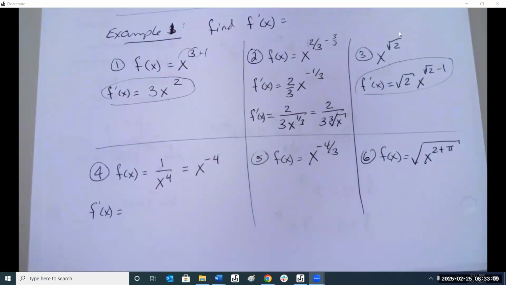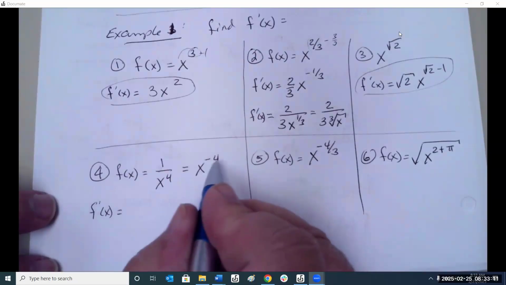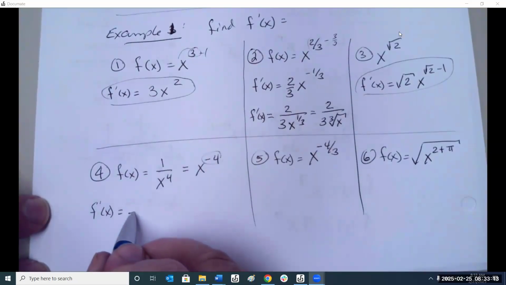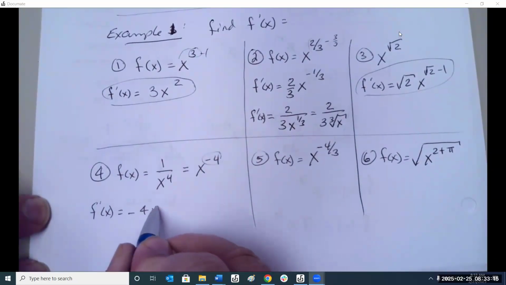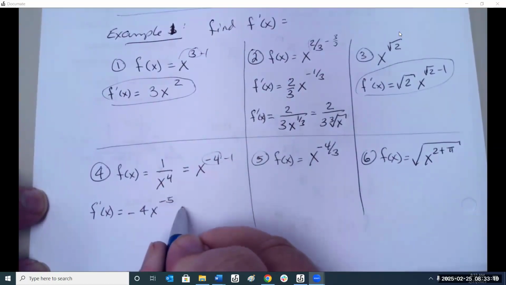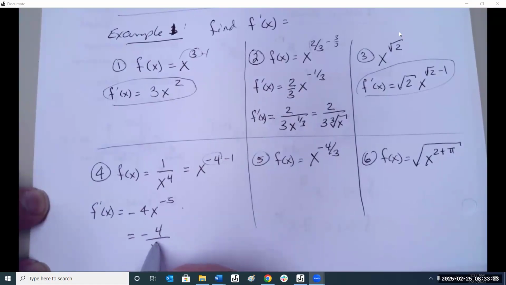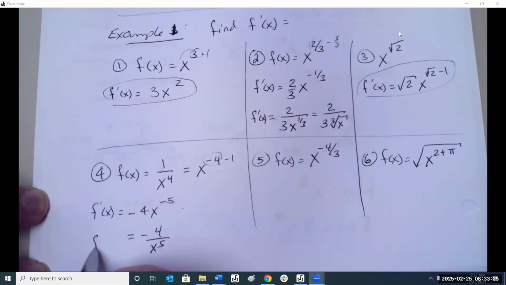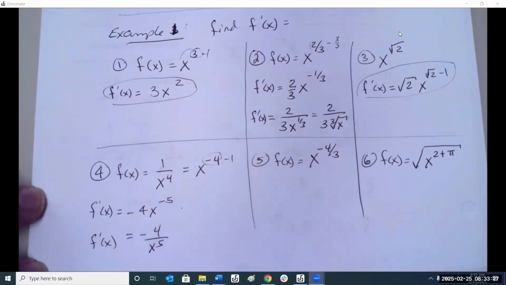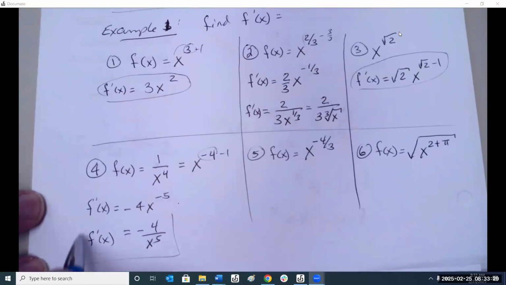So we have to put it as an exponent. The power comes down, which makes it negative 4. Subtract 1 makes it negative 5. So the answer is negative 4 over x to the 5th. And that's the answer for that one.